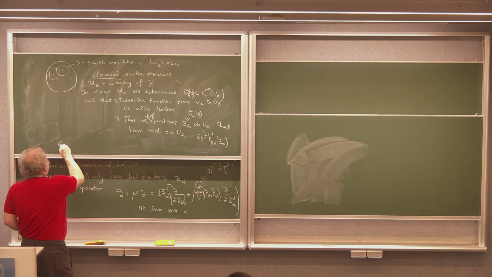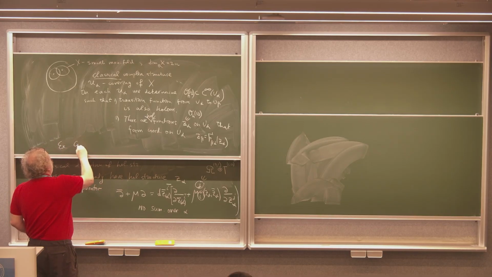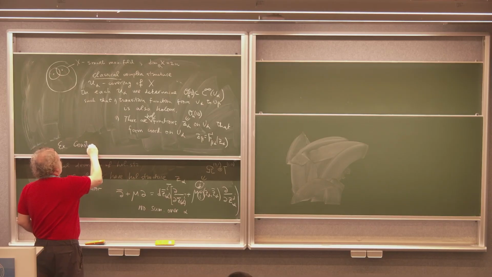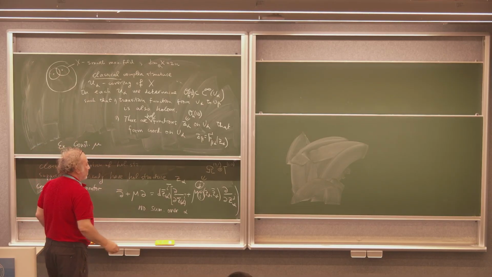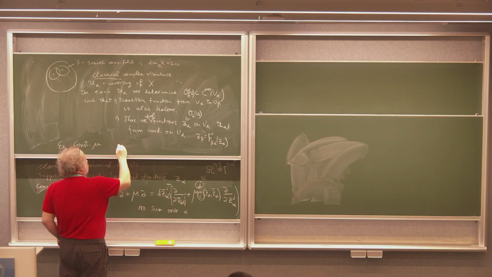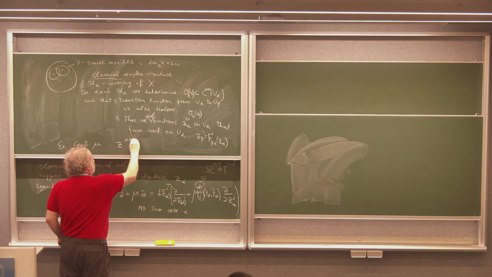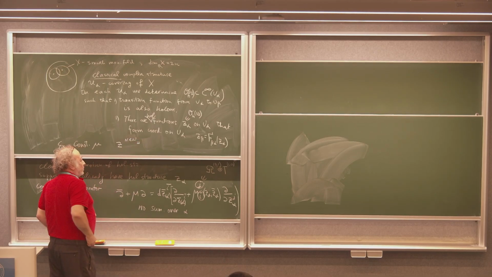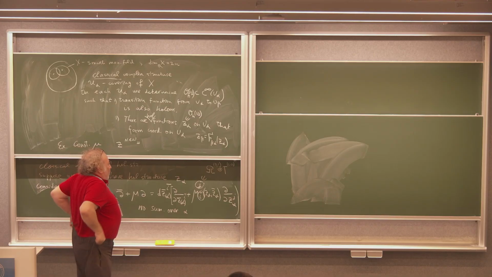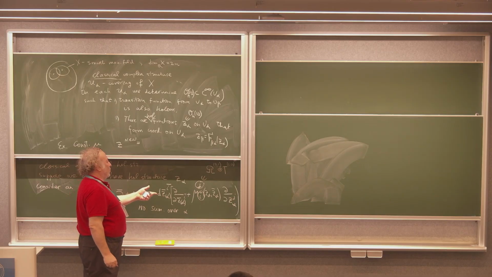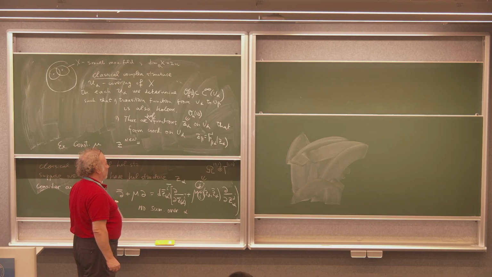In particular, for example, for constant mu, z would be, so it's possible to see what should I write down here.